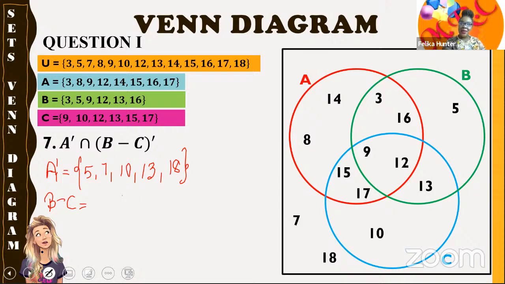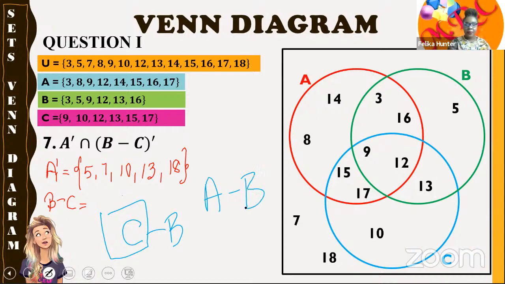If it was C minus B, our answer would be what is left in C. So the first one is the focus. If it was C minus B, our focus is what is left in C after I take out what is common from B. And if it was A minus B, it's simply saying what is left in A after I've taken out the common things that they share.